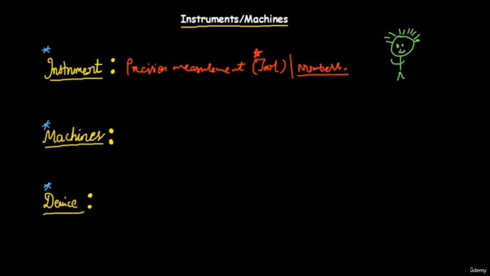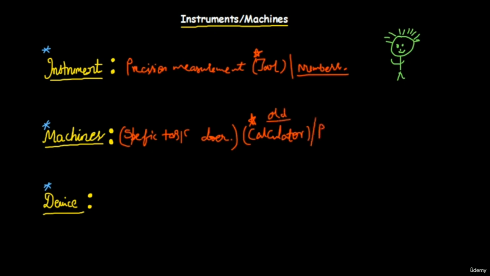So what are machines? Well, machines are specific task doers. In one word, it means anything that makes human effort easier, like a calculator. That is sometimes also called a device, but if we consider the old days calculator, those long big calculators, or we can call our PC, that is called a machine.